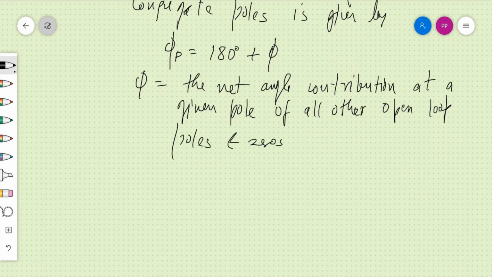So this contribution we will understand a little later with illustration.